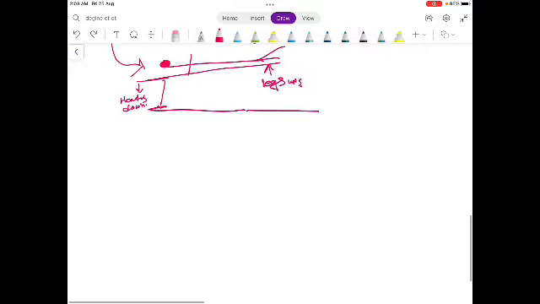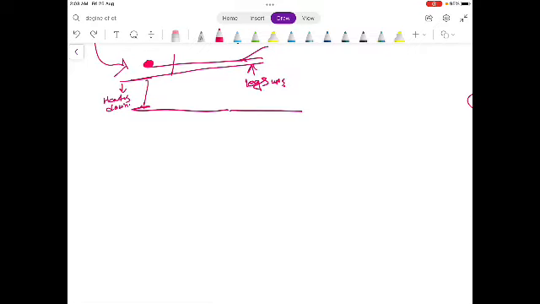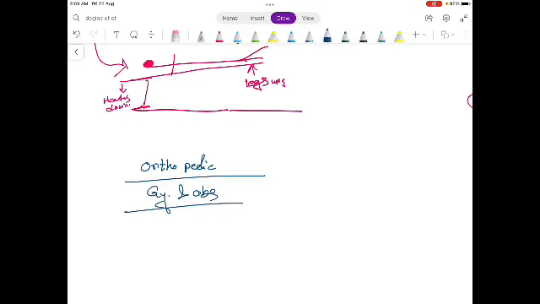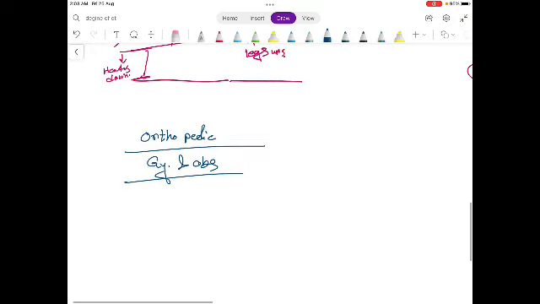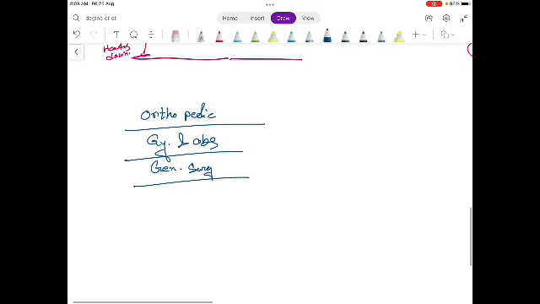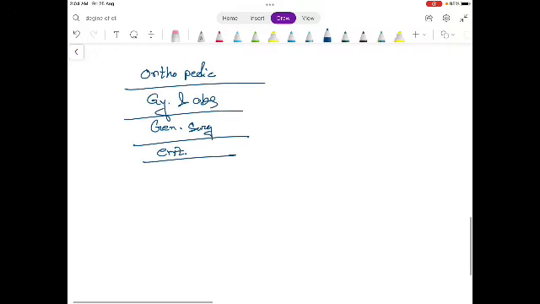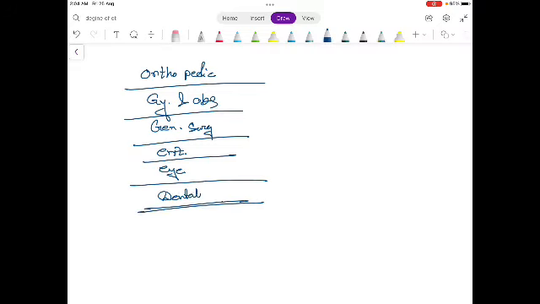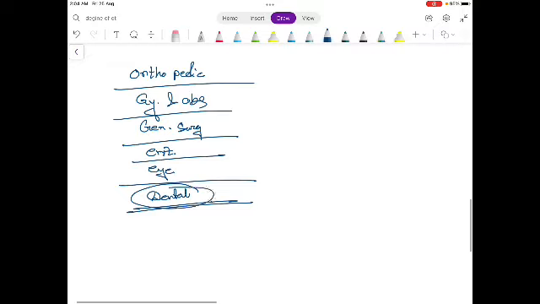As an example, we would like to add a couple of OTs: orthopedic, gynae and obs, general surgery, ENT, eye, and dental as well.